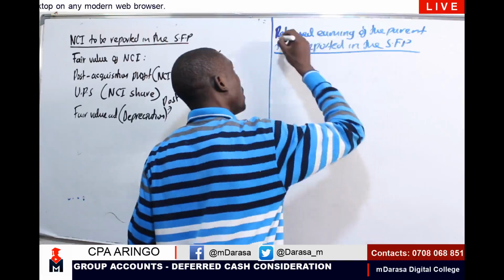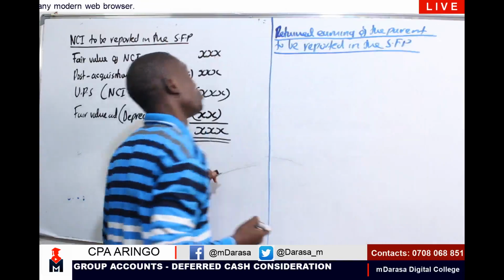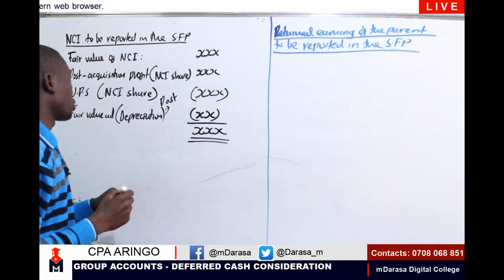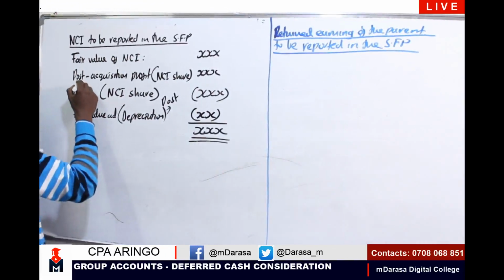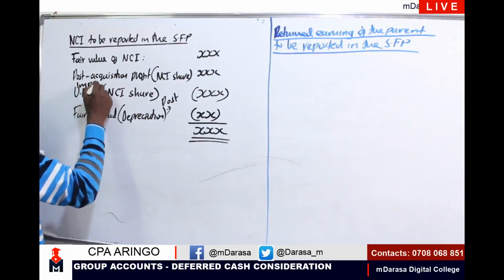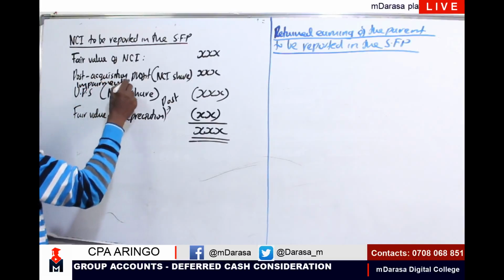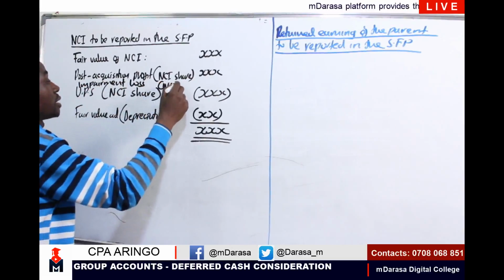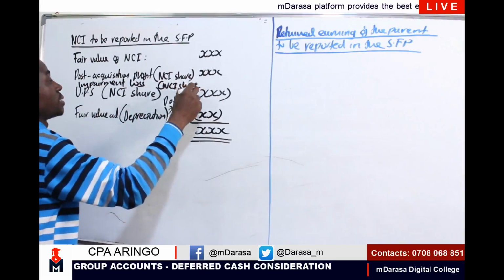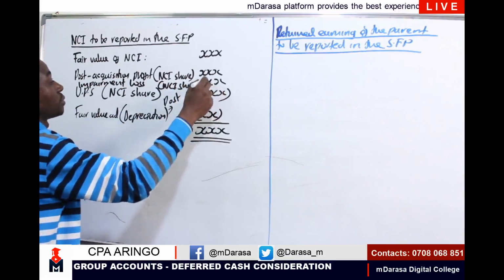How will we go about this? You'll also find that this one will also be very key, because actually I've forgotten impairment loss. Sorry. If you're also having impairment loss, you can also have it here, the NCI share, of course.